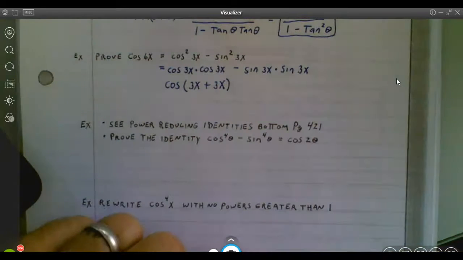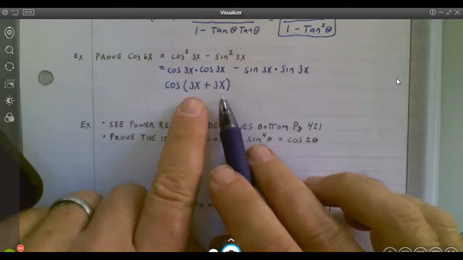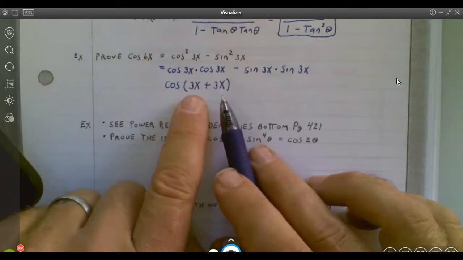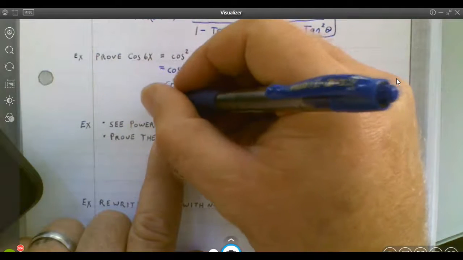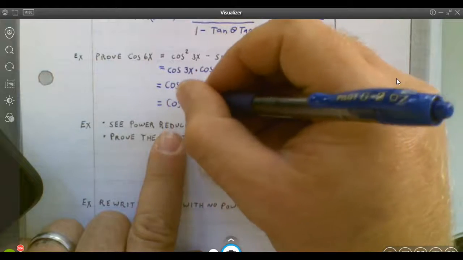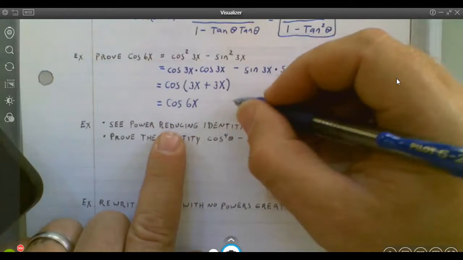That was our cosine formula from the previous lesson. So we can now mold it back into the cosine of a sum of 2 angles. And obviously if we add those 2 angles together, I'm now looking at the cosine of 6x, which matches the left side, so we have our proof.